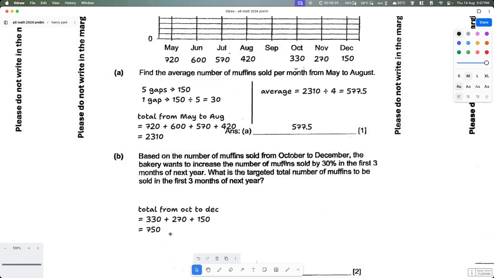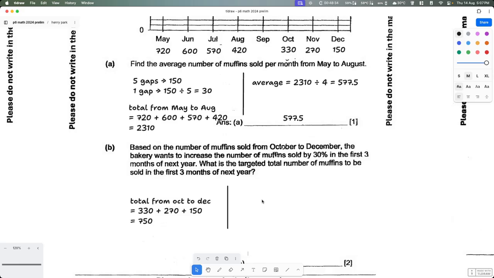So the target of 30% more is basically equal to 750 times 130%.